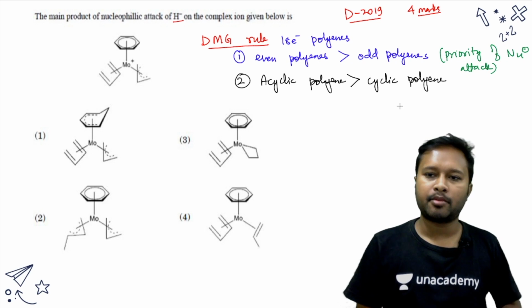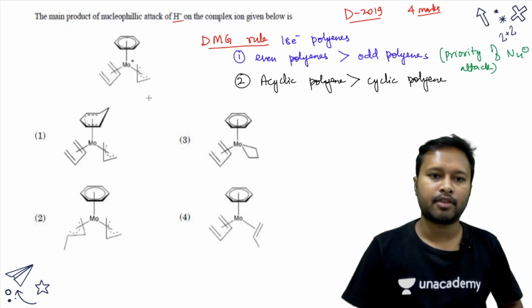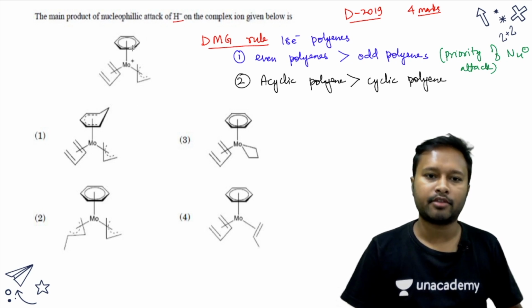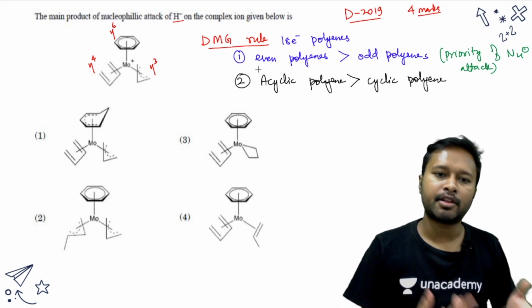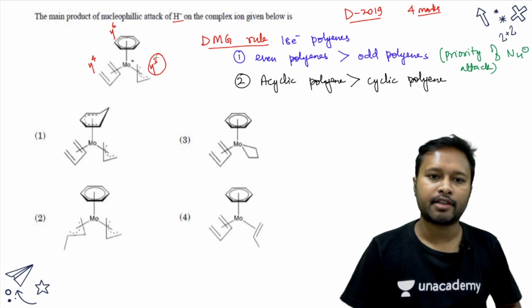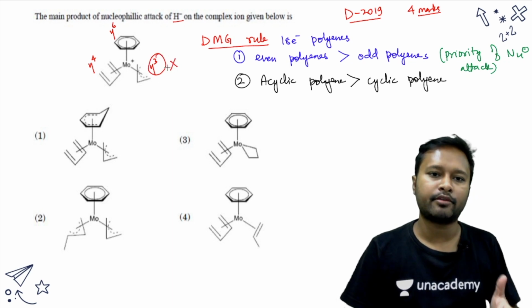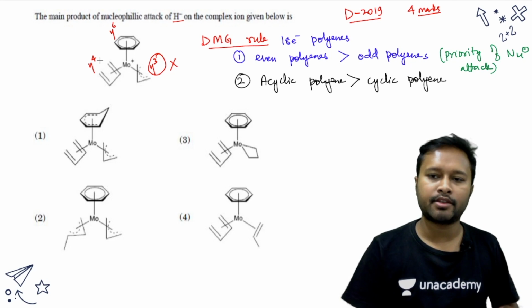Now if you look at the given molecule, here you have hapticity of 6, here you have hapticity of 4, and here hapticity of 3. It says that even polyenes will undergo faster attack, so you can cancel out the odd one. This is not going to undergo nucleophilic attack. These two have more chance.